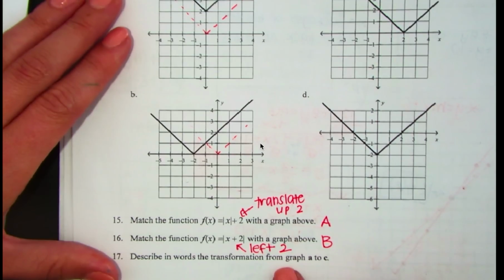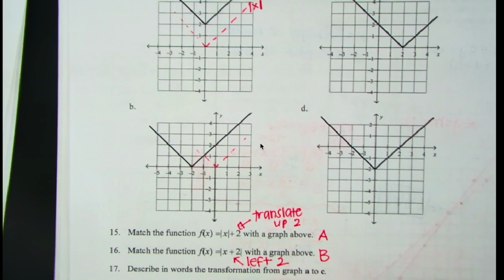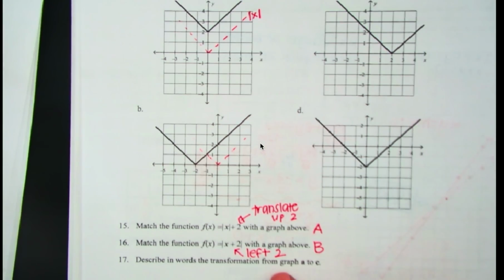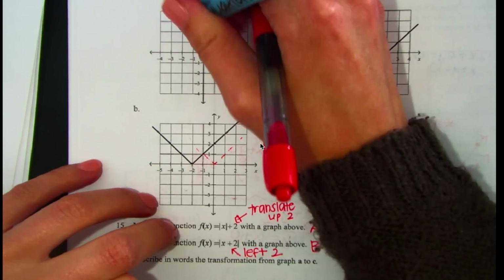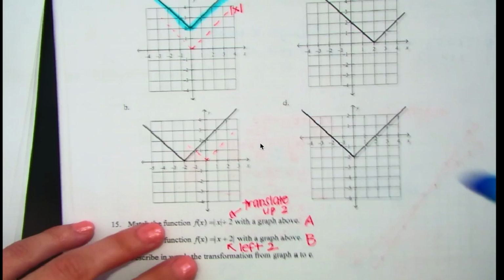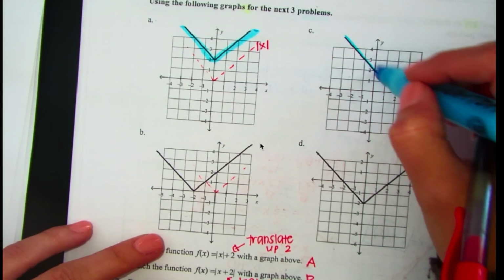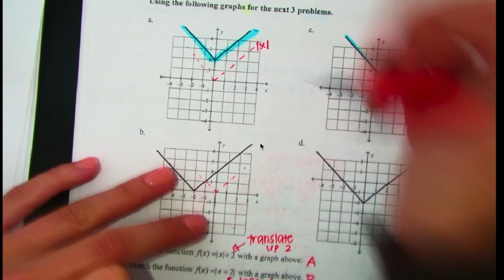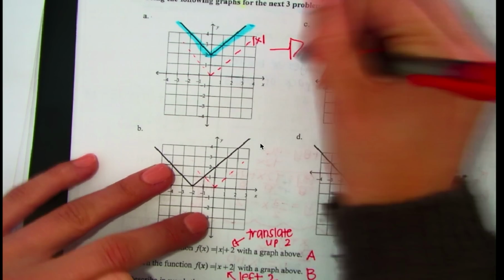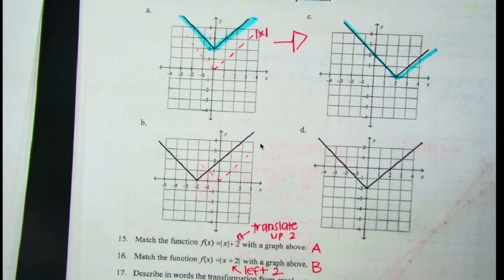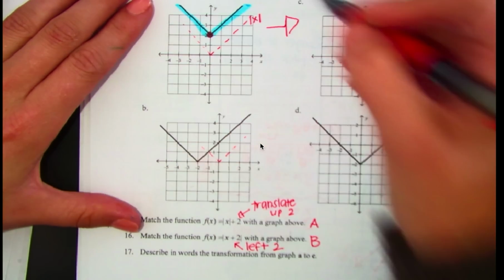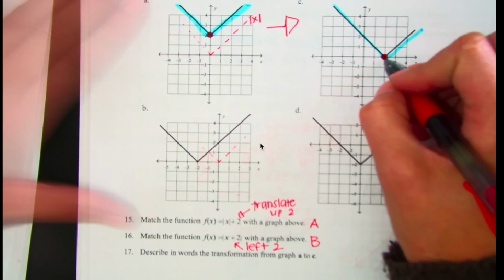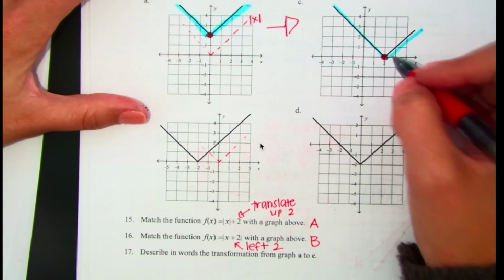And then describe in words the transformation from graph A. So here's graph A. How do we get from graph A to graph C? So how do I get from this graph over to this graph? If you look at the vertices, that's what I'm going to focus on. How do I get from there to here? What happens is we translate.